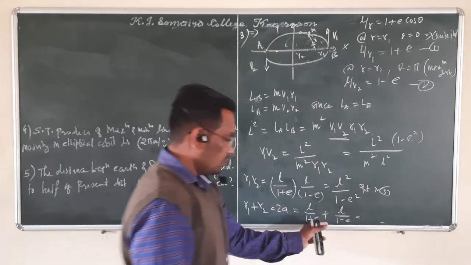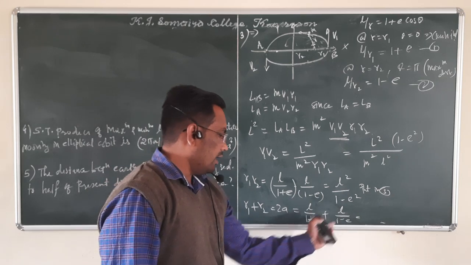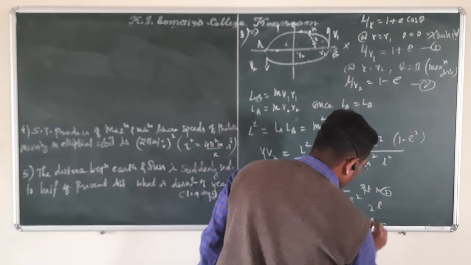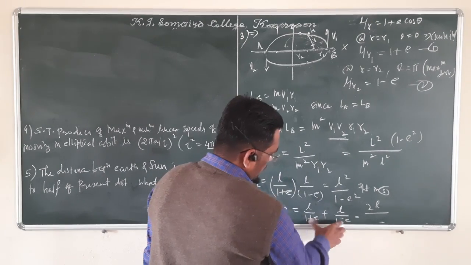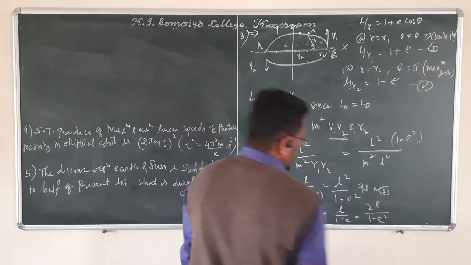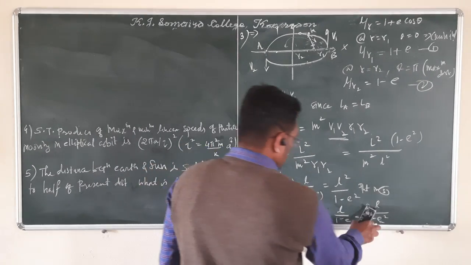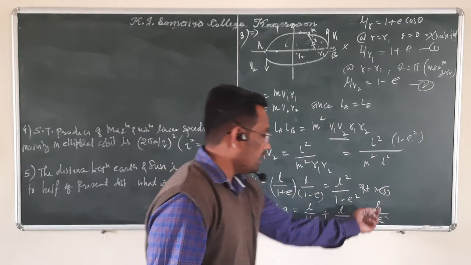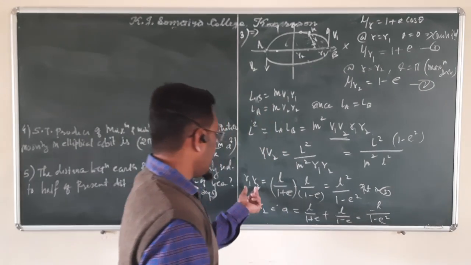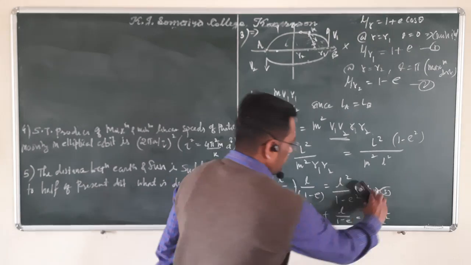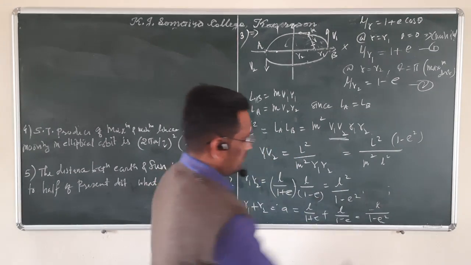If you add these two, that will become 2l divided by 1 minus e square. So this 2 2 will get cancelled, and a is l divided by 1 minus e square, and r1 r2 is l square divided by 1 minus e square.